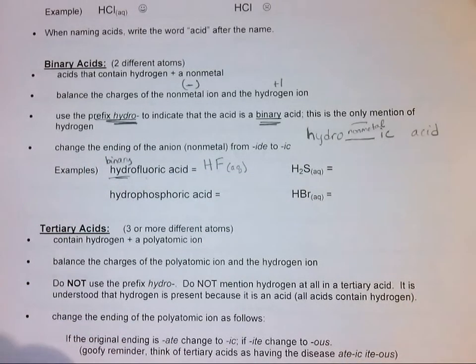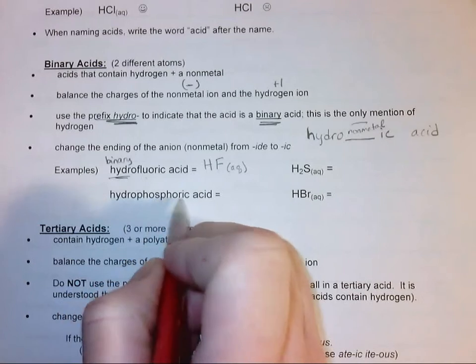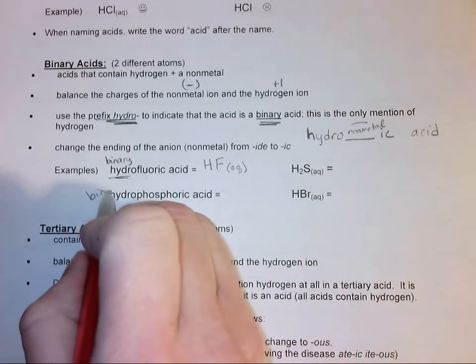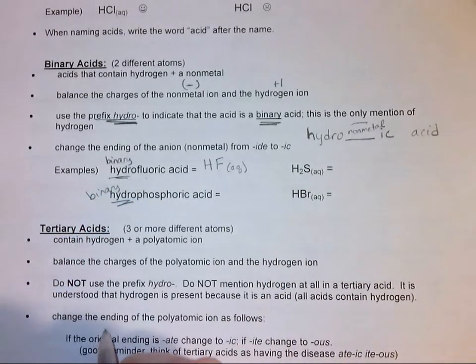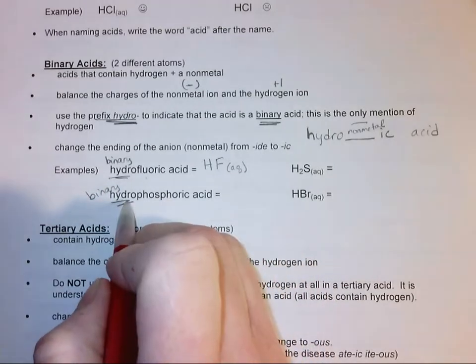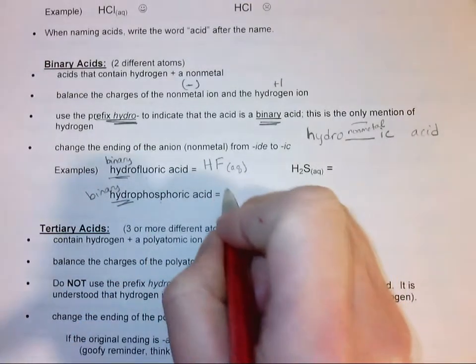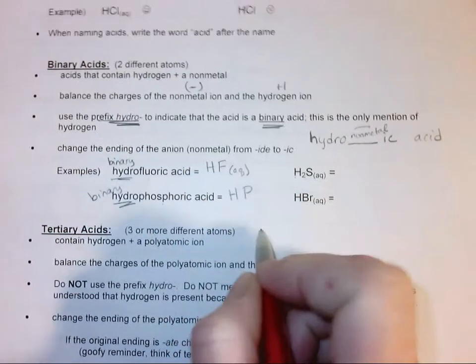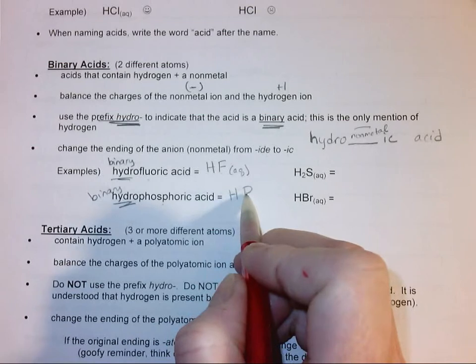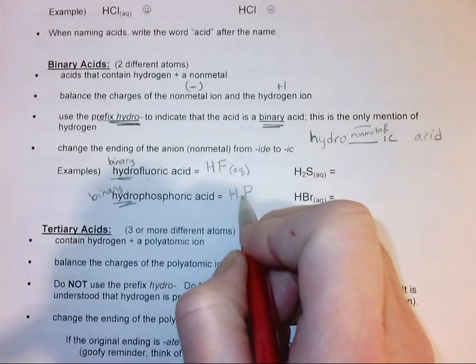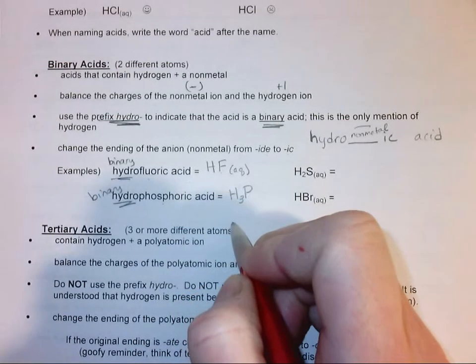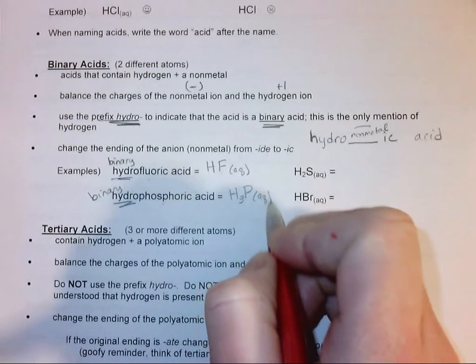AQ, we have the name of the acid as well as the formula. Hydrophosphoric acid, again, it is binary because of hydro. It's going to contain hydrogen and phosphide because it's a nonmetal. What is phosphide's charge? -3, that means I need 3 hydrogens, AQ.